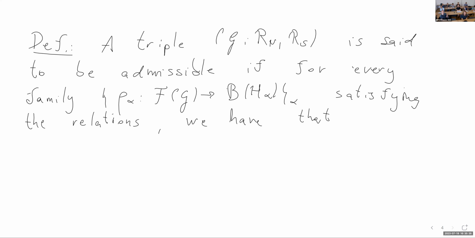The direct sum. And you don't assume anything about these Hilbert spaces. No. Okay, fine. Full generality. Not necessarily separable.